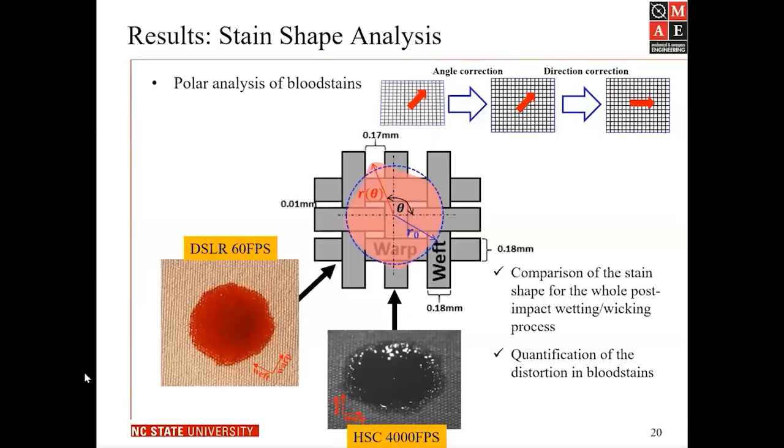But it doesn't say anything about the shape, and the textiles can alter the shape tremendously. An analyst likes to look at the shape because that often tells us the direction of motion of the drop. So we're going to look at that next and see what we can do with that.